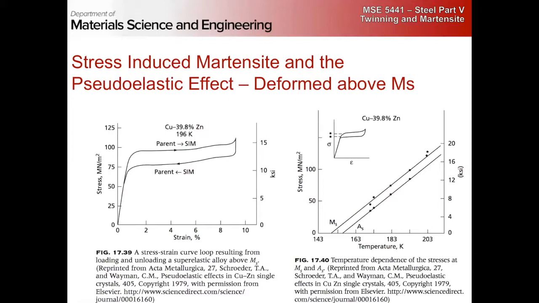But here you still have a polycrystal, right? So not all of your variants are perfectly aligned with your direction, right? So you still have localized plasticity and other things happening, right?